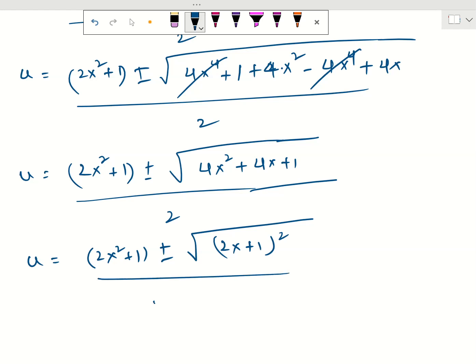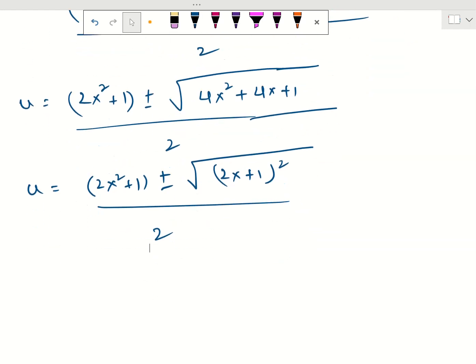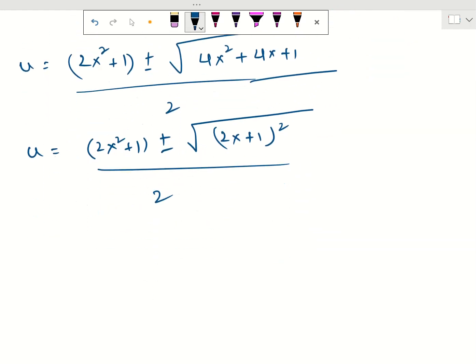The meaning is same here. So now if we solve this one again, then the square root will get cancelled with the square, and we'll be having u is equal to 2x square plus 1 plus or minus of 2x plus 1 divided by 2.